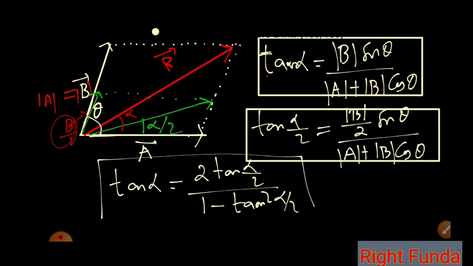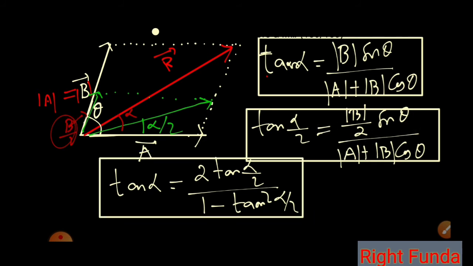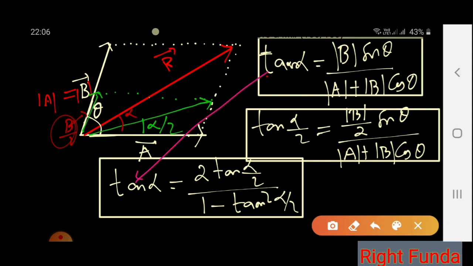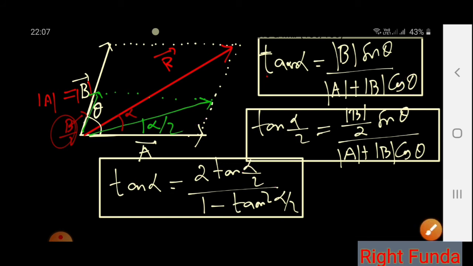If I substitute the values of tan alpha and tan alpha by 2 here, the whole equation reduces to theta, and solving it I can get the value of theta. But this is a complicated mathematical method, so let's solve this by another method.